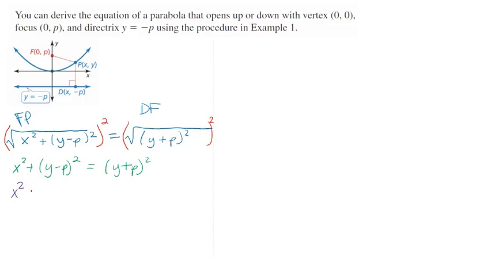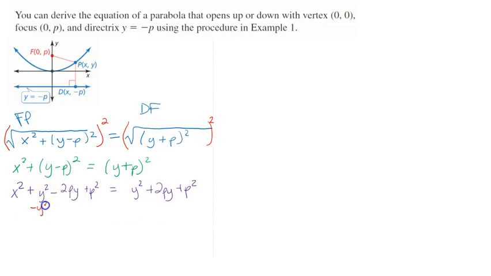X squared can't do much, but y minus p squared is going to be y squared minus 2py plus p squared. And then y plus p, quantity squared, is going to be y squared plus 2py plus p squared. And then we can subtract some stuff.